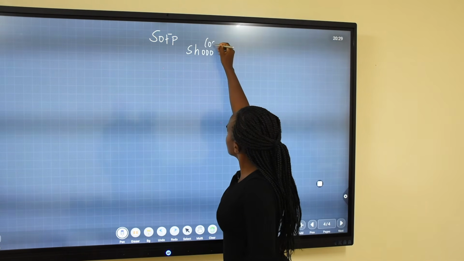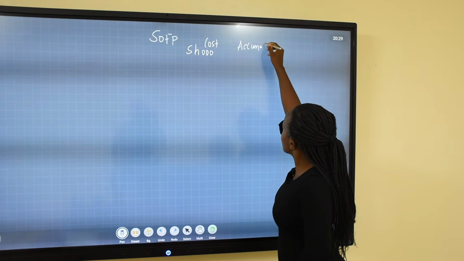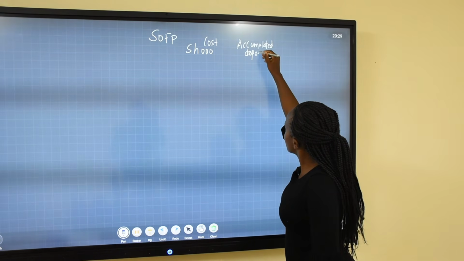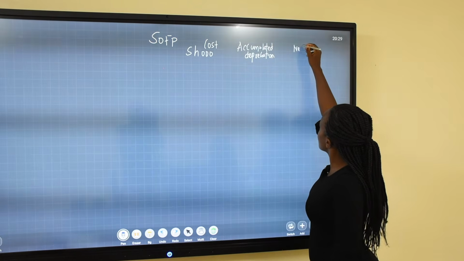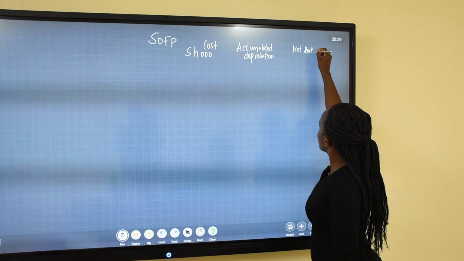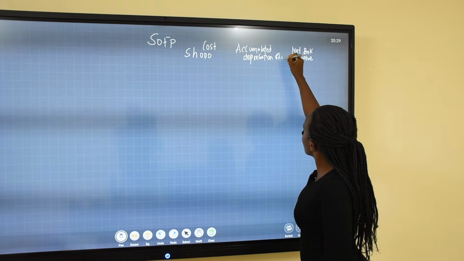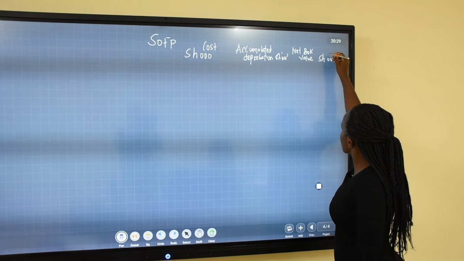One column for cost, another column for accumulated depreciation, and then the final column for the net book value. All the columns are in shillings of thousands.